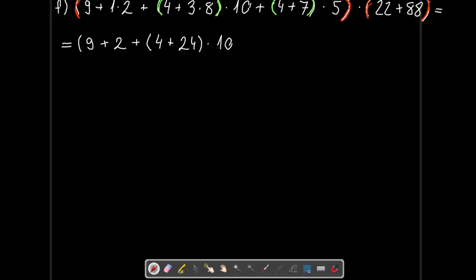Times 10 plus 4 plus 7 is 11 times 5. And the second red bracket, we just add 22 and 88 together, which gives us 100. We don't need red brackets for a single number. 110.